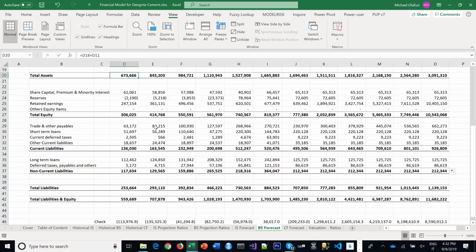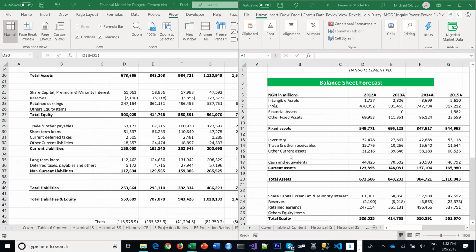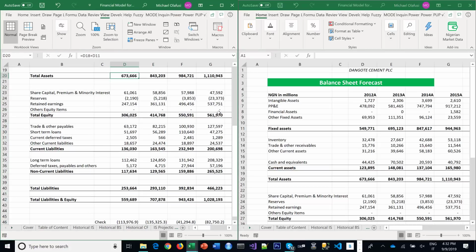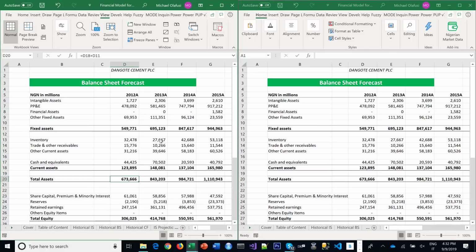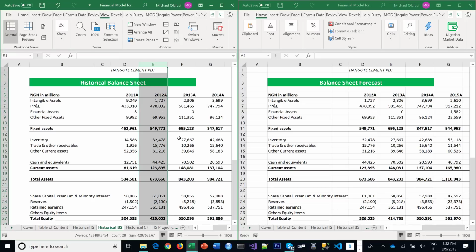So in Excel, whenever I have issues like this, I typically split my window. So I'm going to do new window. Then I'm going to say one should come to the right, the other should come to maybe the left. Okay. So, and then I can compare. So I can take this to the historical, and then I can start comparing where things have gone wrong, particularly this line.